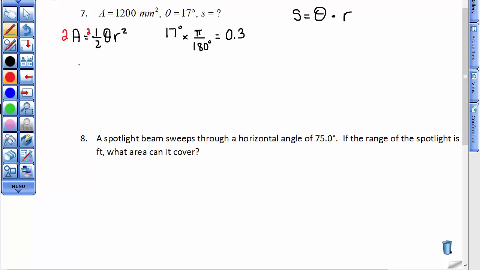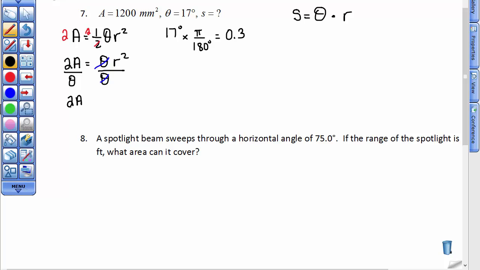What that does for me is it gets rid of the 1/2 on the right-hand side. So now what I have is 2 times A on the left and theta times r squared on the right. Now I'm trying to get r alone, so I'm going to divide both sides by theta. These cancel out right here.